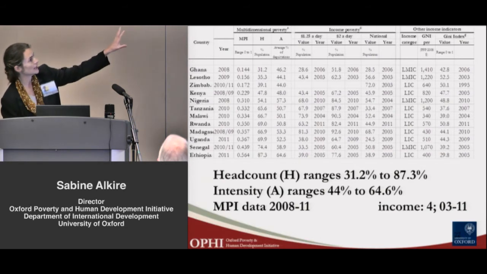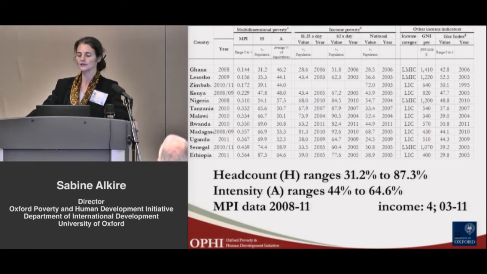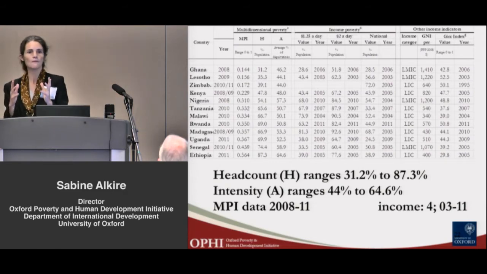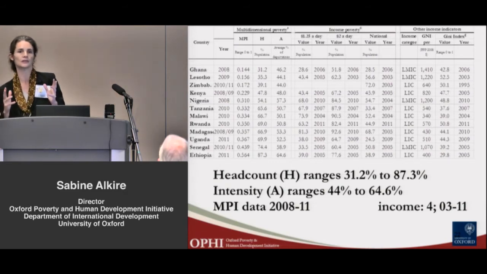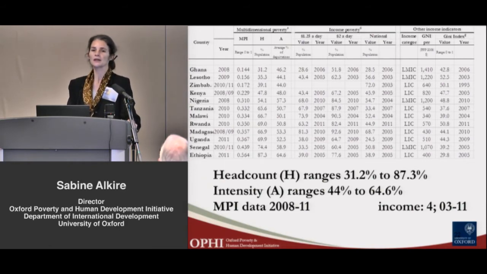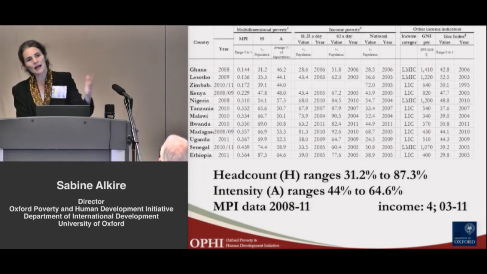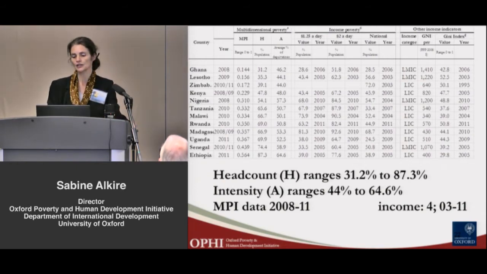We also have the $1.25 a day values, but I must say that only 4 of the 12 countries have $1.25 a day data from 2008 to 11. And the remaining countries have data from 2003 to 2007. But there are interesting comparisons to do just in a very descriptive way.